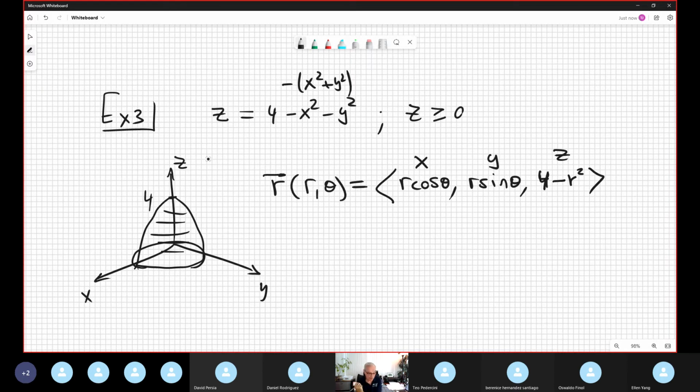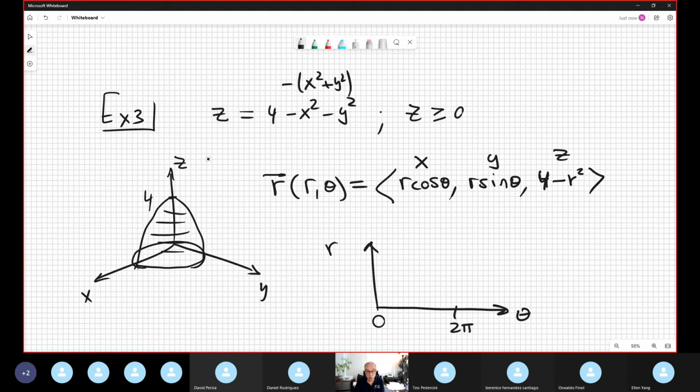Now, what about the domain of this parametrization? This is super important. The domain is, this is theta, suppose. You draw one axis theta, one parameter, and the other parameter is r. Now theta varies from 0 to pi, because it's a completely circular paraboloid, and r varies from 0 to 2.